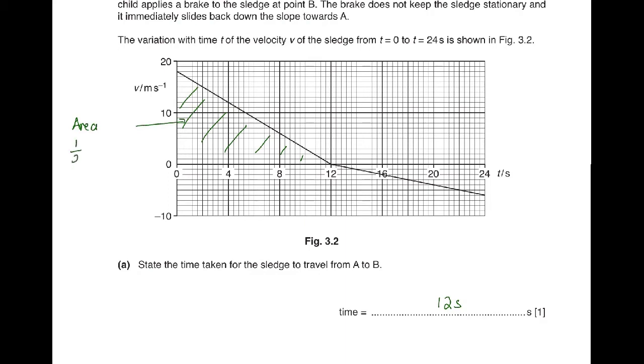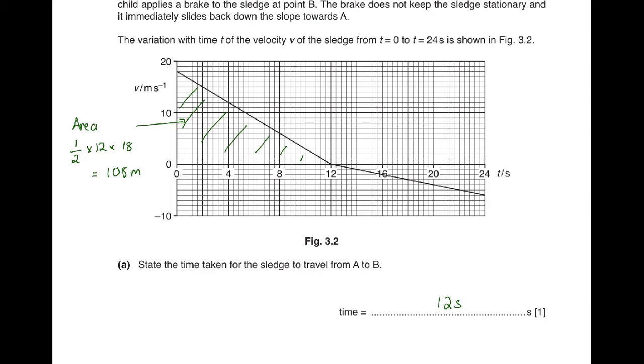Half base times height for a triangle is half of 12 times 18. And that will give you 108 meters. So it's 108 meters from A to B.